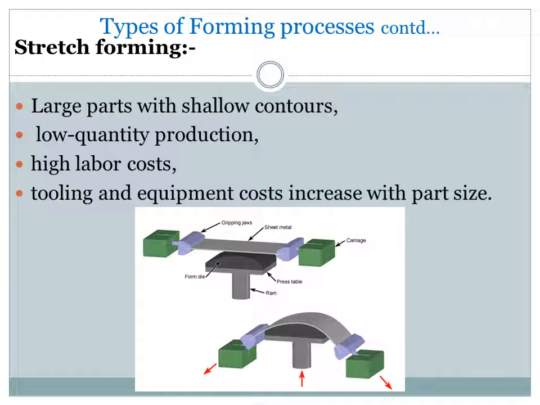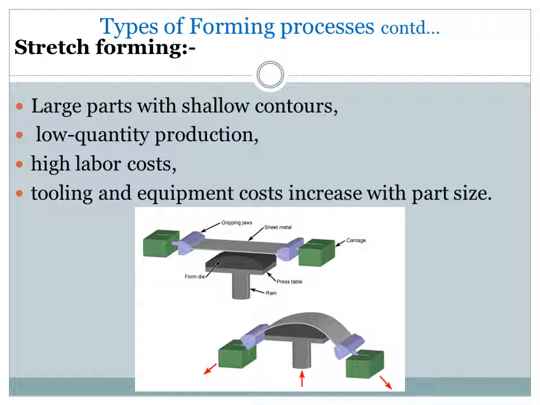and these clamps are connected to two carriages, and at the time of forming the clamps are stretched in either direction. At the same time, a ram is coming up from the bottom with the required shape on the press table. That is the form die.